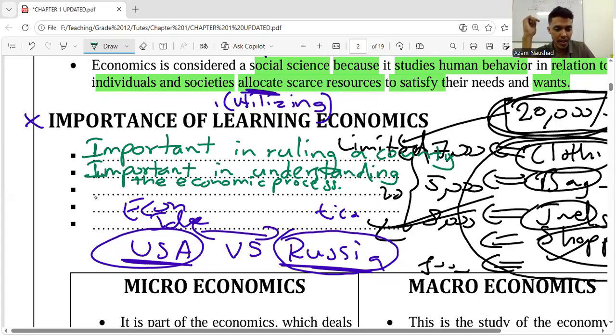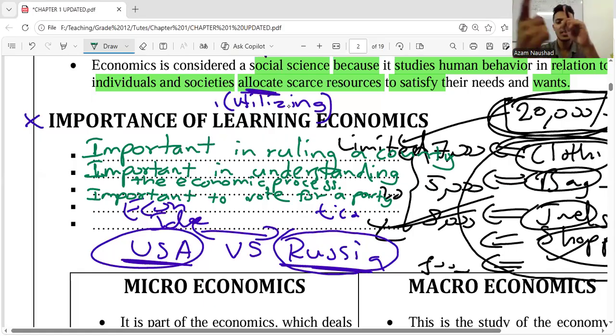Third one, write down: important to vote for a party. Back in 2025, the tables got turned, right? Each and every time we had either the green color or the blue color, Mahinda Mama, Ranil, those Sajith people, UNP and SLPP, if I'm not wrong. The table got turned. Who came in? AKD, right?